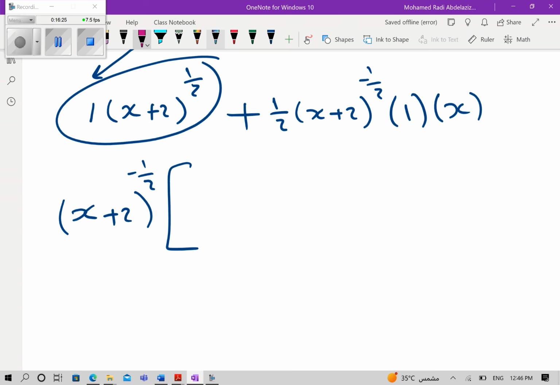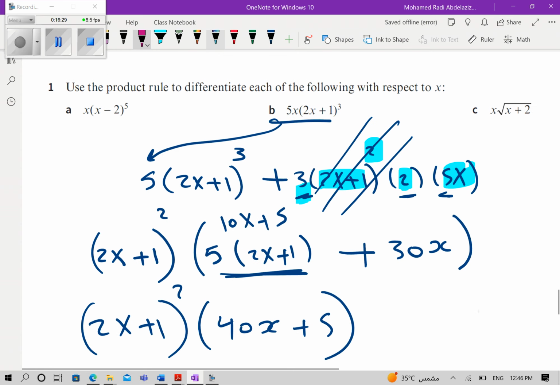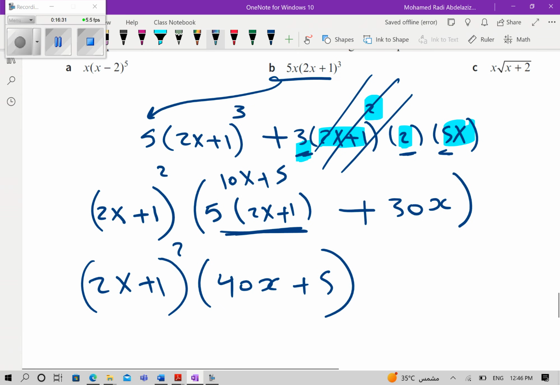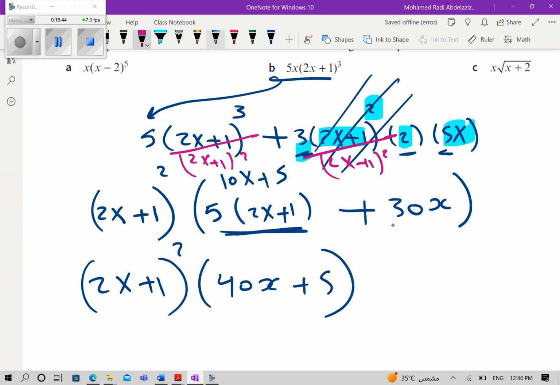Listen. When we take (2x plus 1) all squared, if you go to the previous one, this means we divided by (2x plus 1) all to the power of 2. Cancel, but the first one we subtract the power: 3 minus 2 is 1.